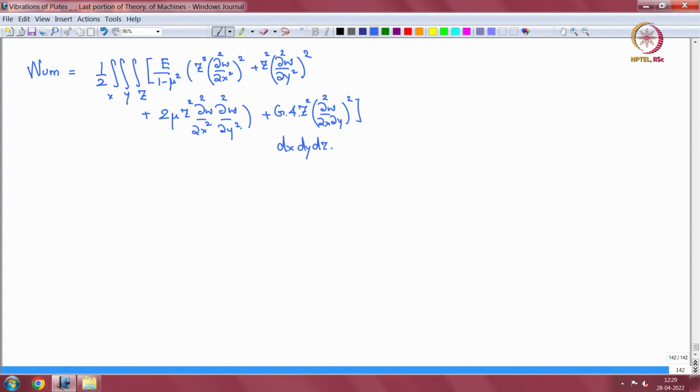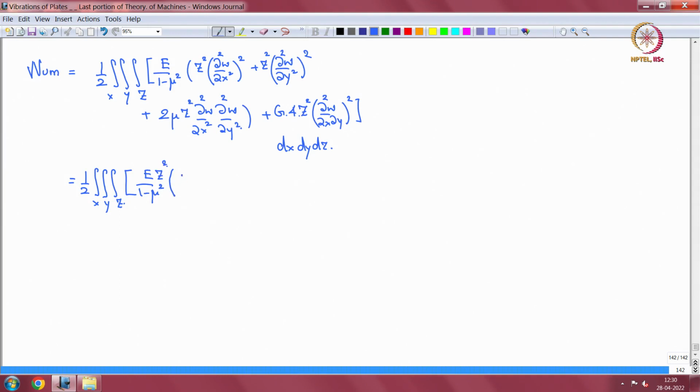You work with it further. 1/2 integral x y z, E by 1 minus mu squared, z square outside.